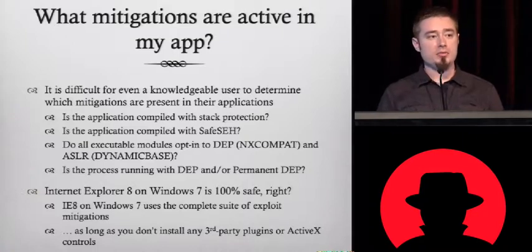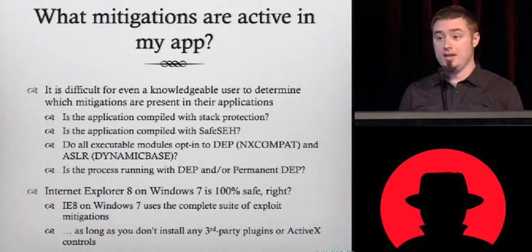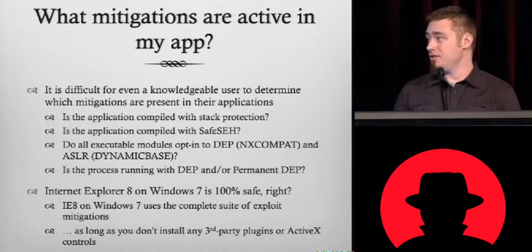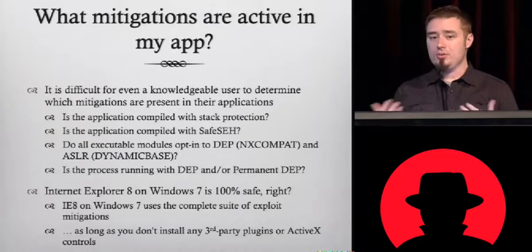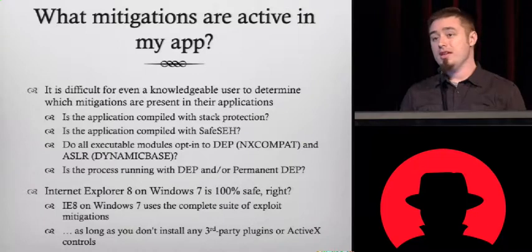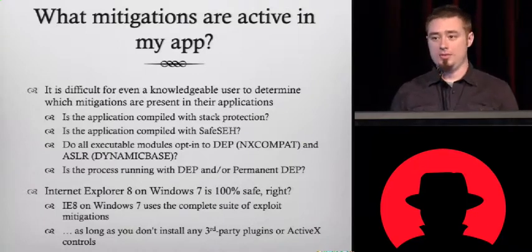And if you look at what some might consider the gold standard, IE8 on Windows 7, this is all Microsoft code, this should all be safe. Well, it uses the complete suite of exploit mitigations, but unfortunately that's still not enough. Because if you install any third-party plugins, there's a chance that one of them will have a module that doesn't opt into ASLR.